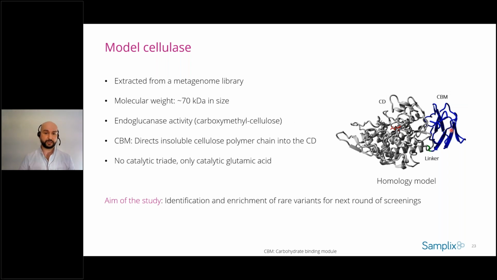CBM, a carbohydrate binding module, directs insoluble cellulose polymers to the core domain. This enzyme doesn't have a catalytic triad, but a catalytic glutamic acid. And this is the main point here: the aim of the study was to identify and to enrich rare variants for the next round of screening.